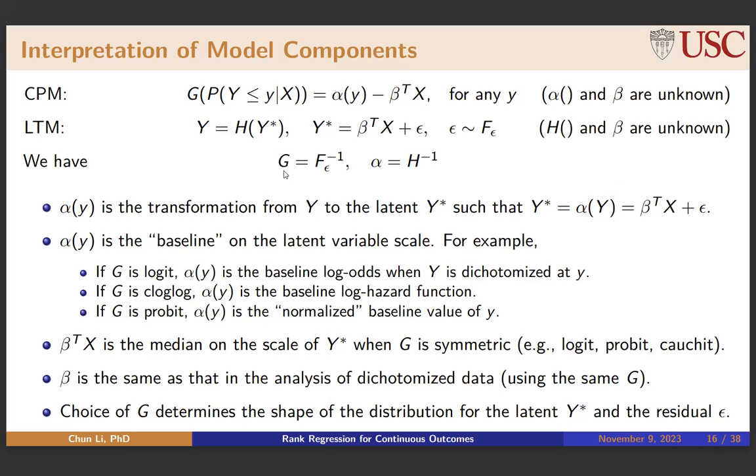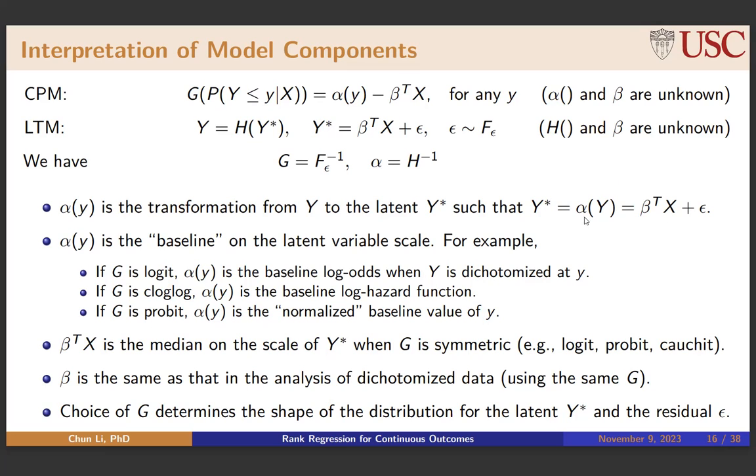It turns out that G is just the inverse CDF of that epsilon CDF, and alpha, the intercept function, is just the inverse transformation of this. In other words, alpha is the transformation from the observed Y to the latent Y, so that after transformation it is a perfect linear model.